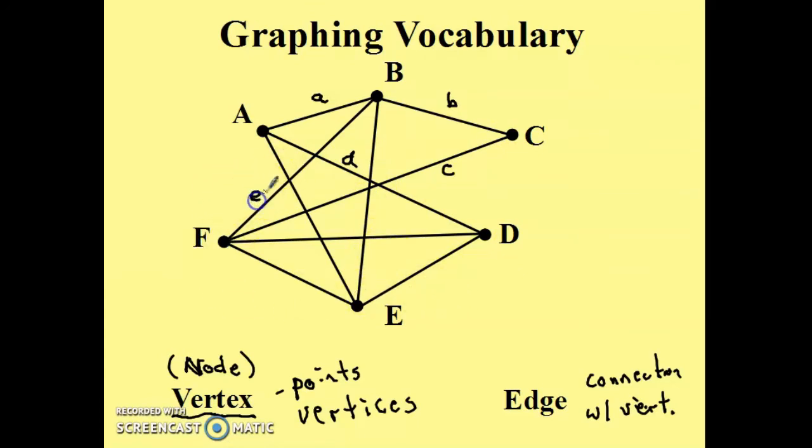This one could be E, even though it has nothing to do with E. And you might see the vertices as numbers, vertex 1, 2, 3, and you'll see that later. So those are vertices and edges. Edges will always go between two vertices. One edge can't join more than two vertices.